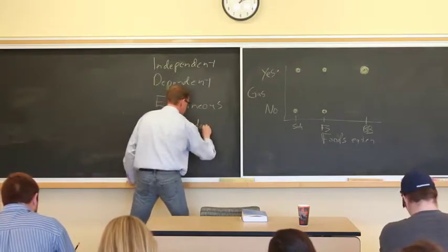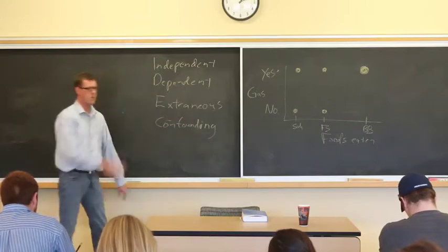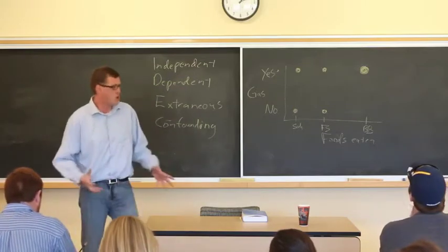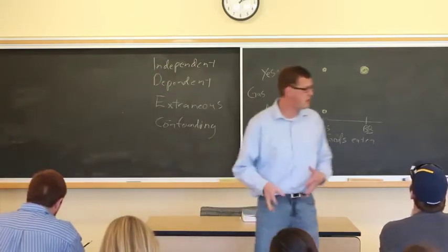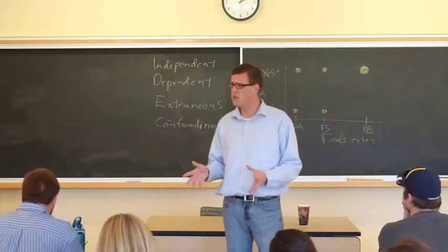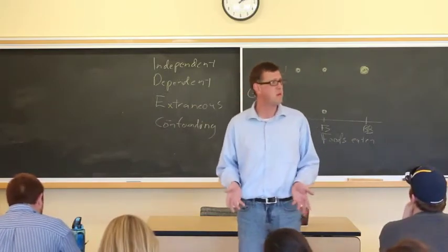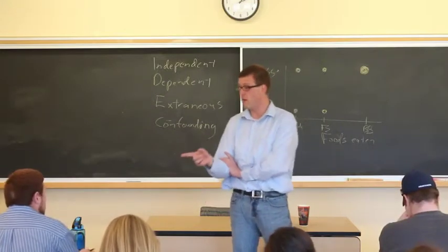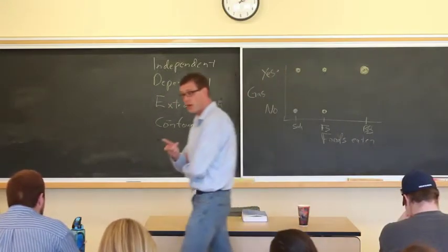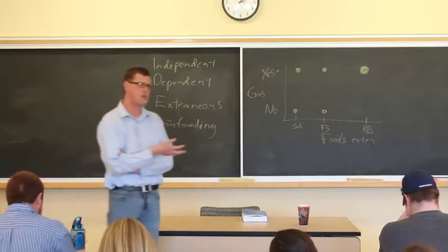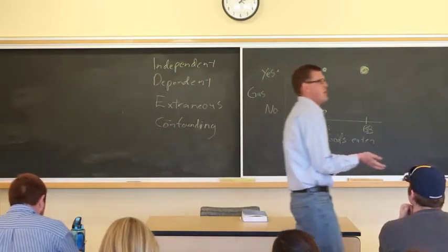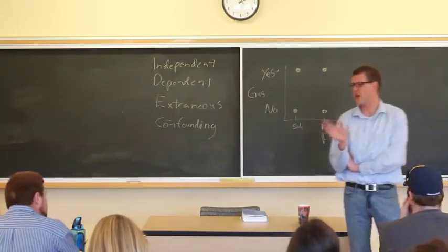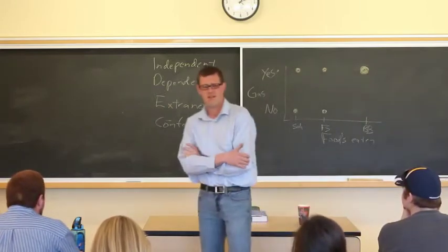I'll use confounding. Independent and dependent should be easy at this point. So what is an independent variable? You can manipulate it. It's a variable that you can manipulate in some situations. In the situations in which you can't manipulate it, what would be an independent variable? Use my definition, not Dr. Cameron's.